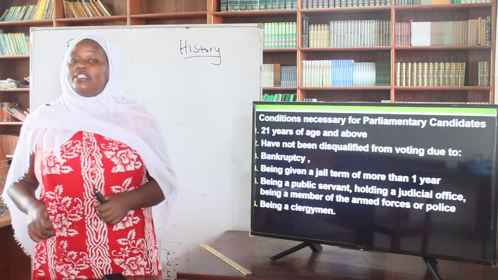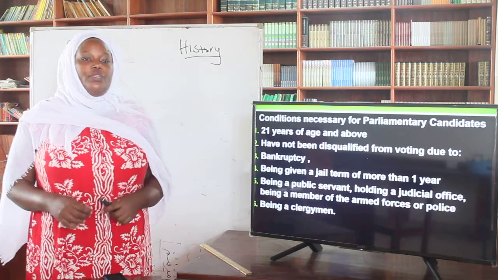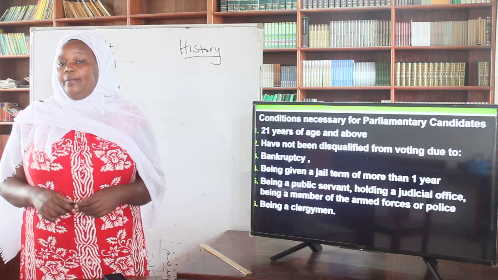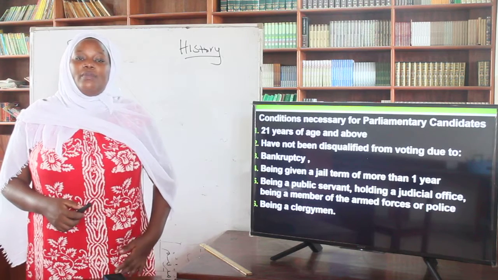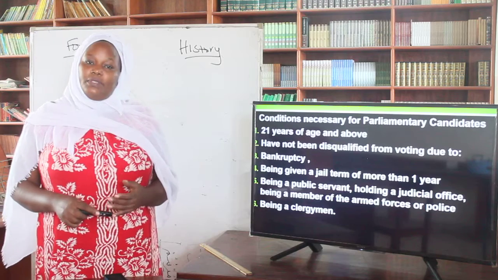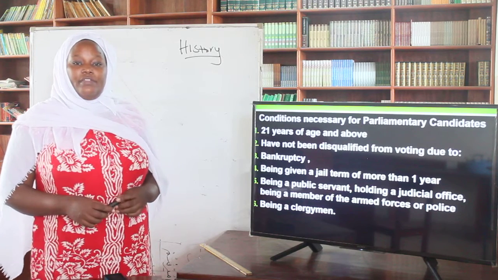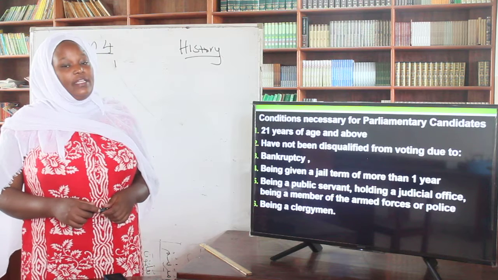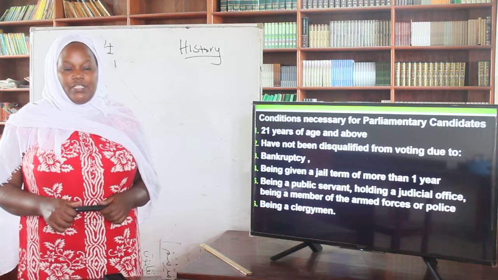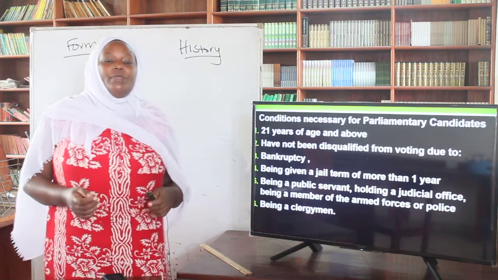So what are the conditions necessary for a parliamentary candidate? One, you must be 21 years of age and above. So they don't allow people below 21 years to be voted for as members of parliament. Then you must not have been disqualified due to bankruptcy, being given a jail term of more than 1 year, being a public servant holding a judicial office, being a member of the armed forces or police, or being a clergyman.